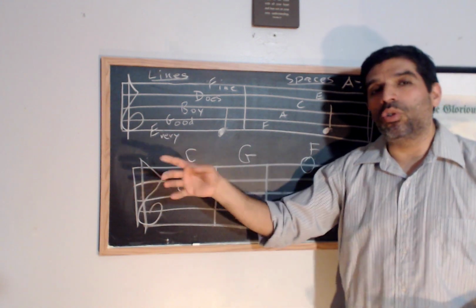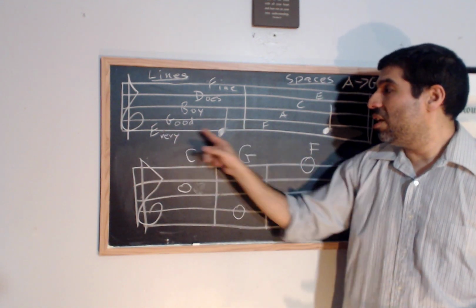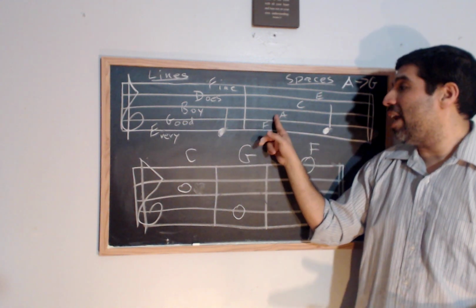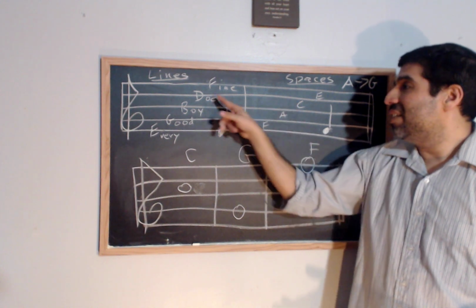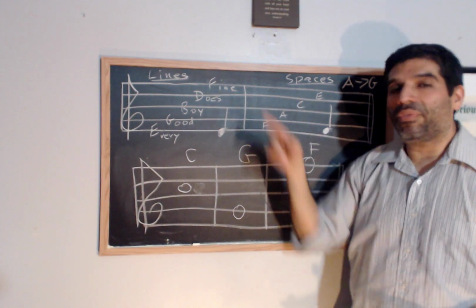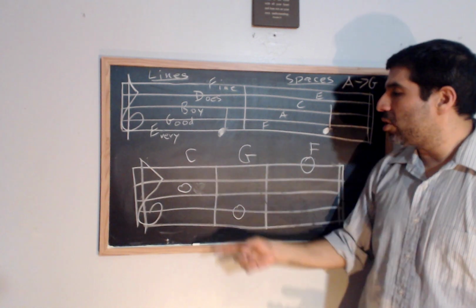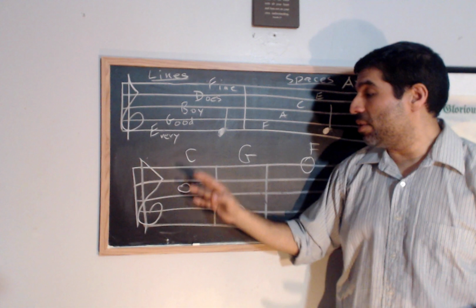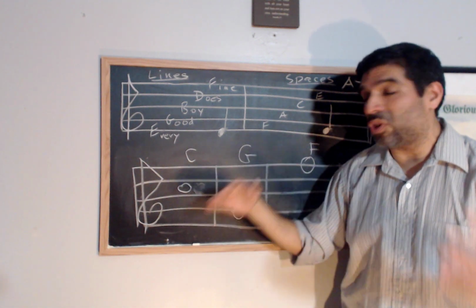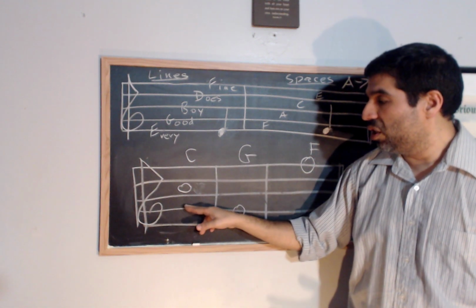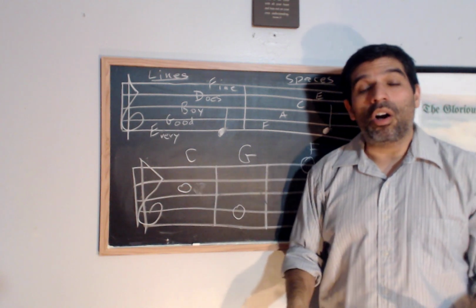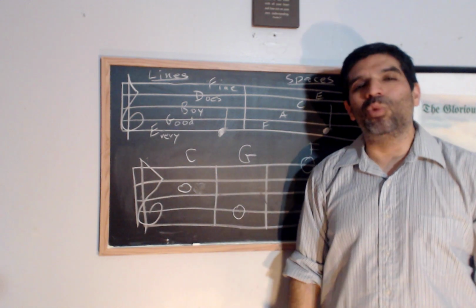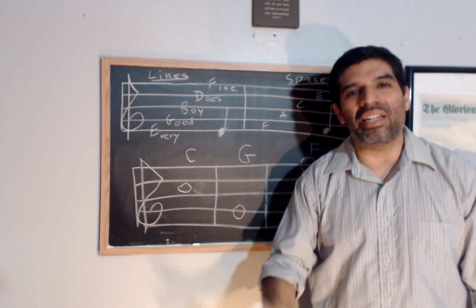So again, if we were to go by alphabetical order, we have E, then the F, then the G, then it starts all over, back to A, B, C, D, E, and F. If we had to look at these notes by themselves, without these formulas, and try to read by going E, F, G, A, B, C, well, we might be able to do that, but it would take way too long. It would take way too long to identify every note.